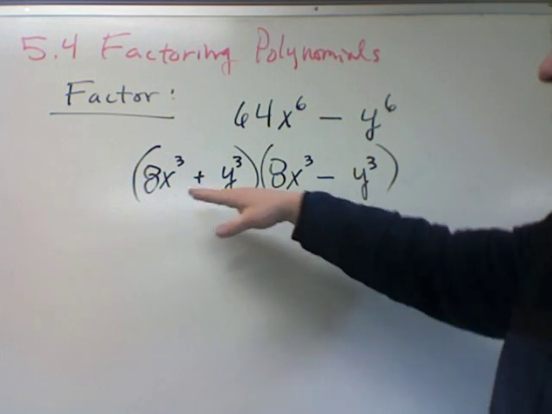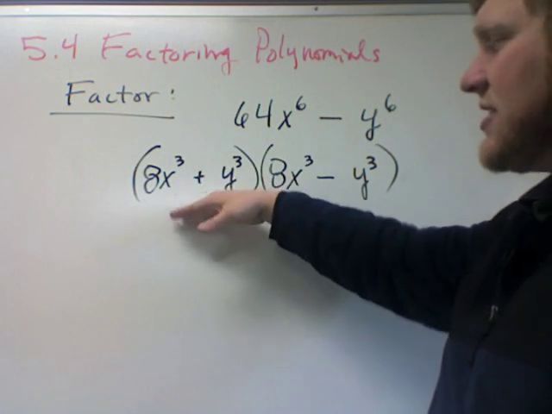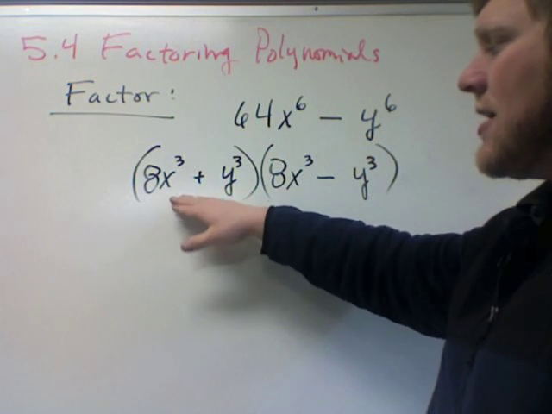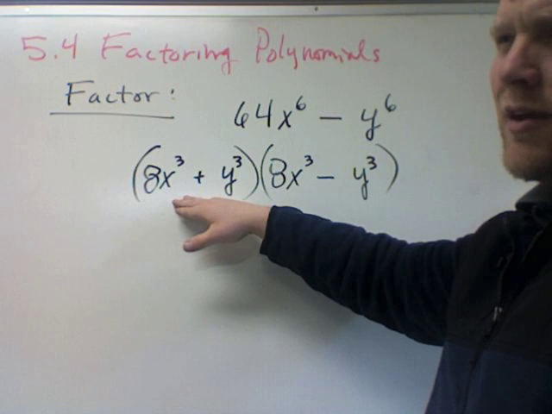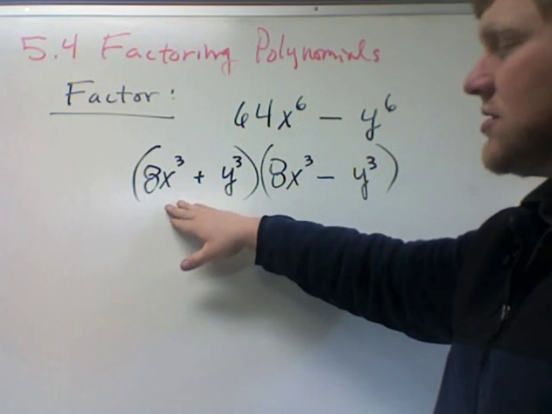Now what's tricky is that I can actually continue factoring, because what I have here is a sum of two perfect cubes.